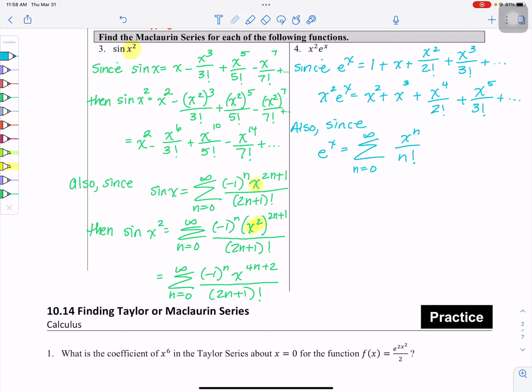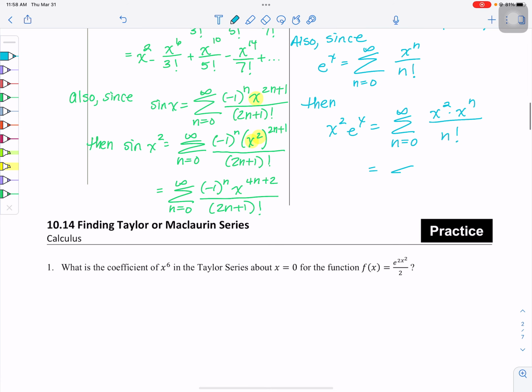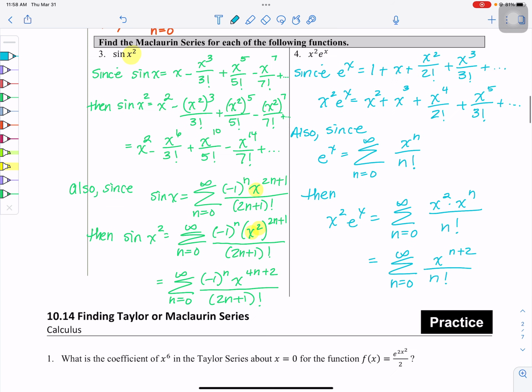Then x squared e to the x is going to be x squared times x to the n over n factorial. And we will just add those exponents. So that's x to the n plus 2 over n factorial. It'd be nicer that way. So that concludes this topic.